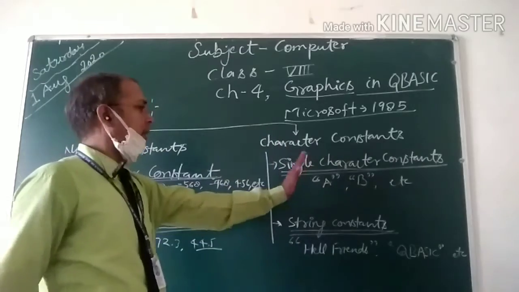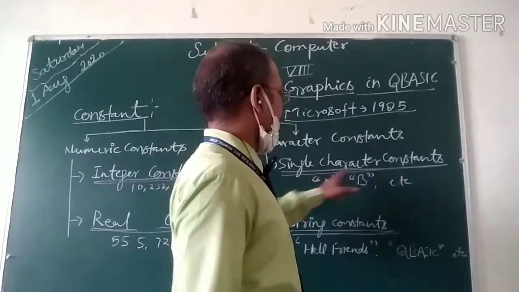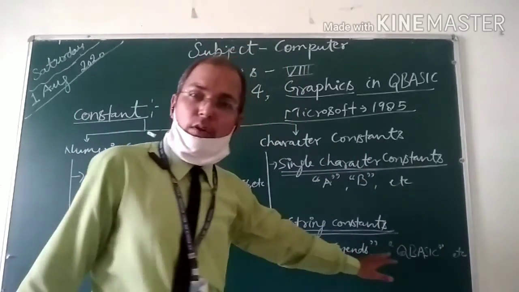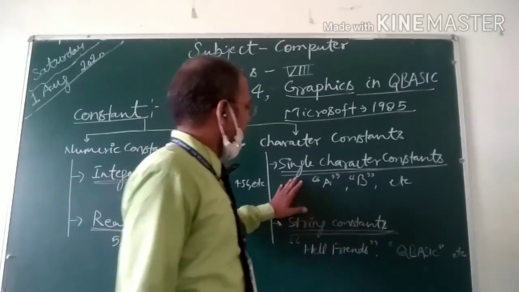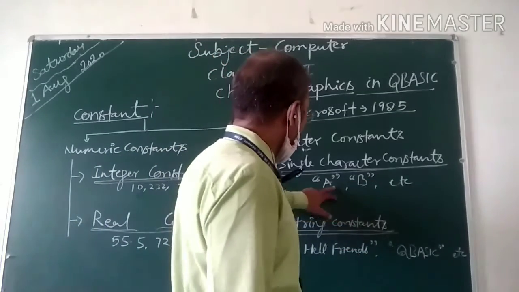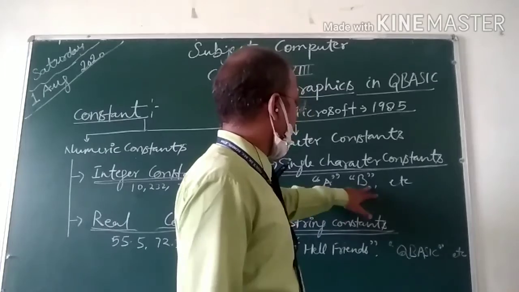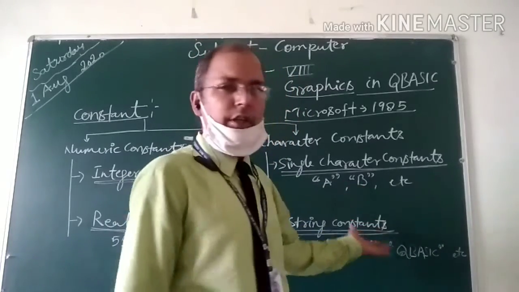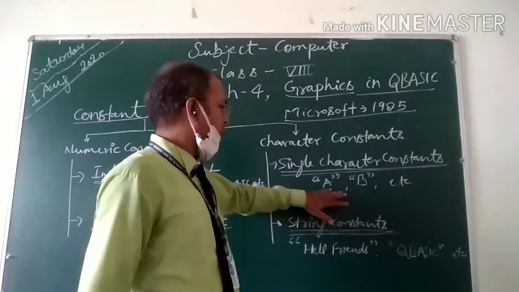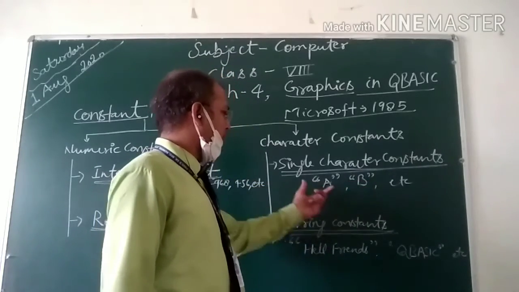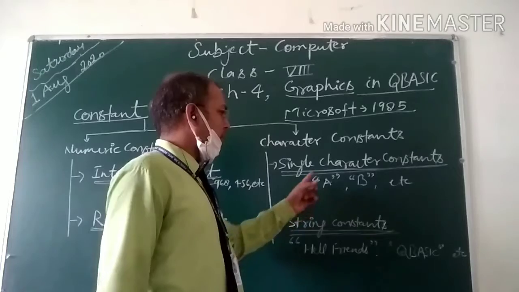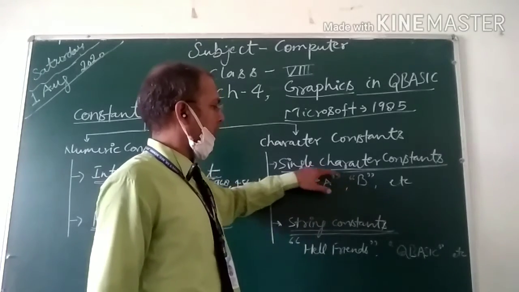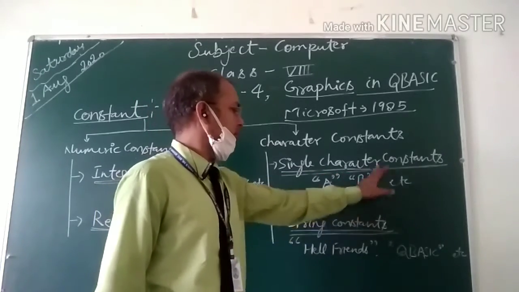And next, the other part: character constant, single character constant and the string constant. So, my dear students, a single character, A or B, C, D as you wish, is enclosed by the double quotes.